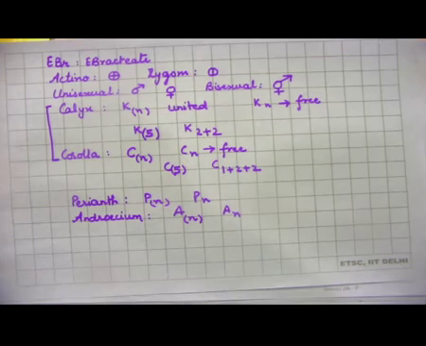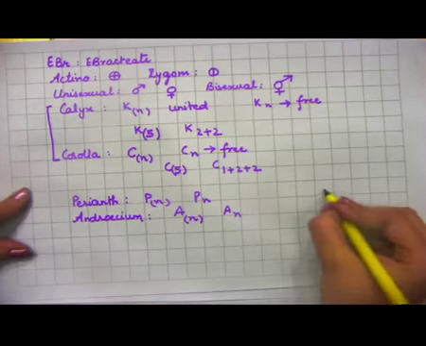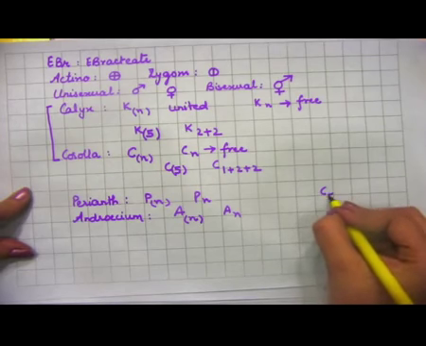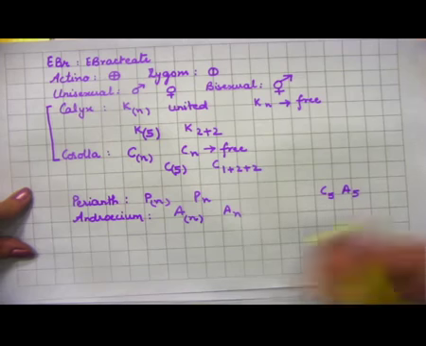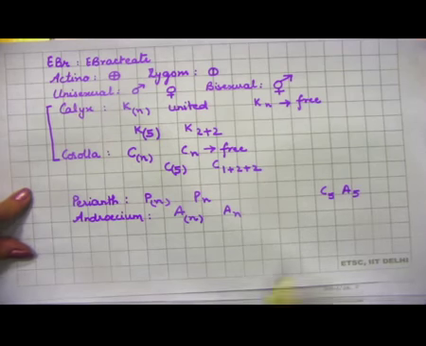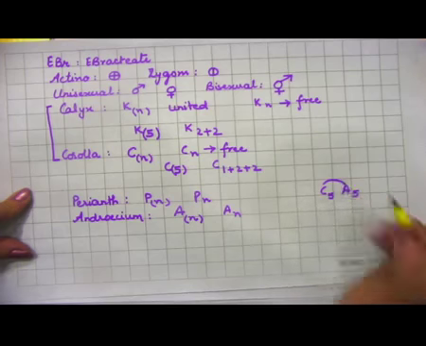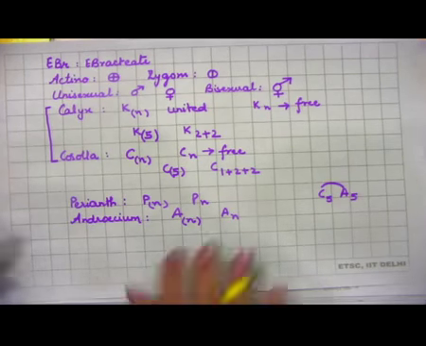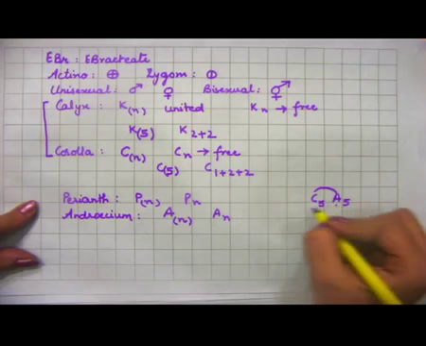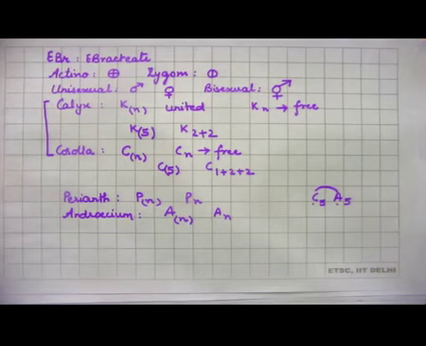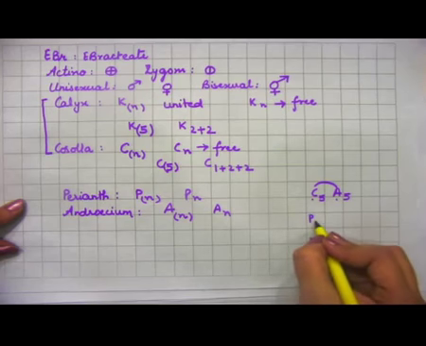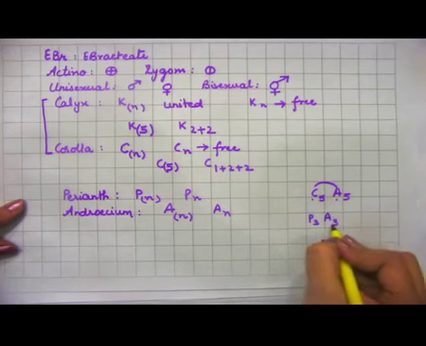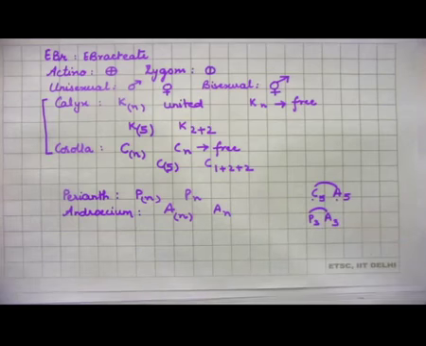How will we depict the epipetalous condition of the anthers? We will write C followed by say 5 if there are 5 petals. We will write A followed by 5, suppose there are 5 anthers, and we will show a junction between the two. This shows that the anthers are growing on the corolla. Similarly, epiphyllous condition will be shown by this.